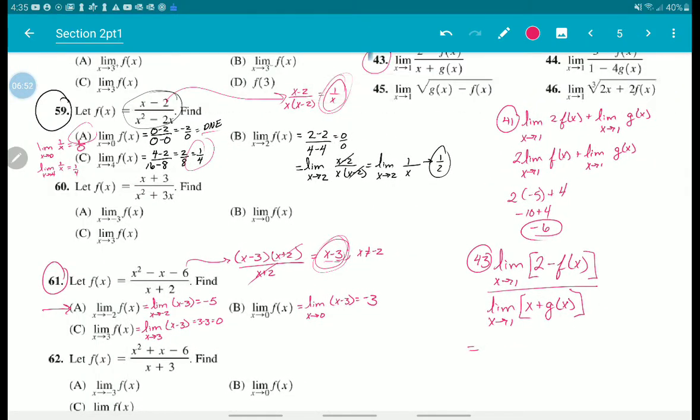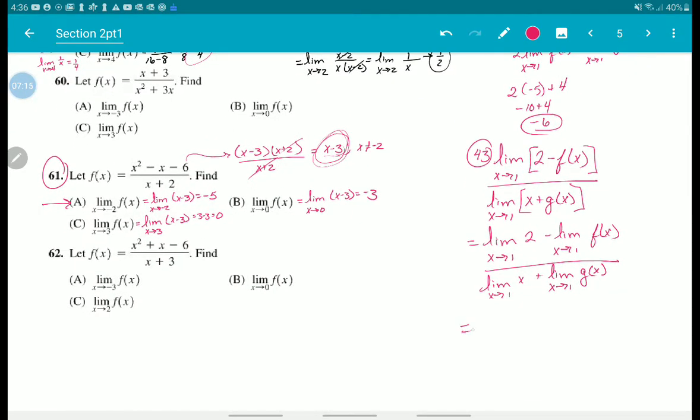But that's the same thing as taking the limit as x approaches 1 of 2 minus the limit as x approaches 1 of f, over the limit as x approaches 1 of x plus the limit as x approaches 1 of g of x.